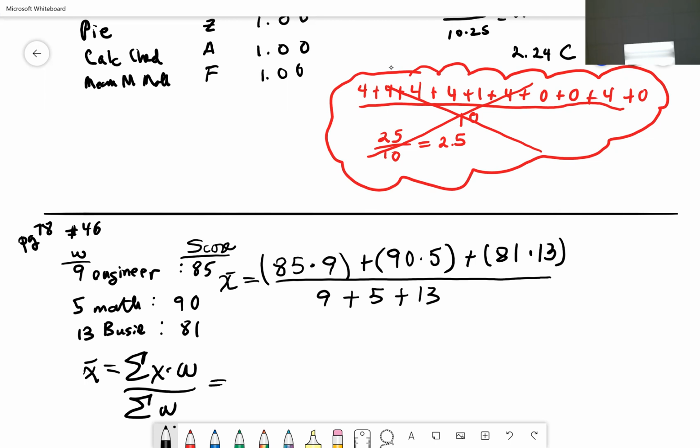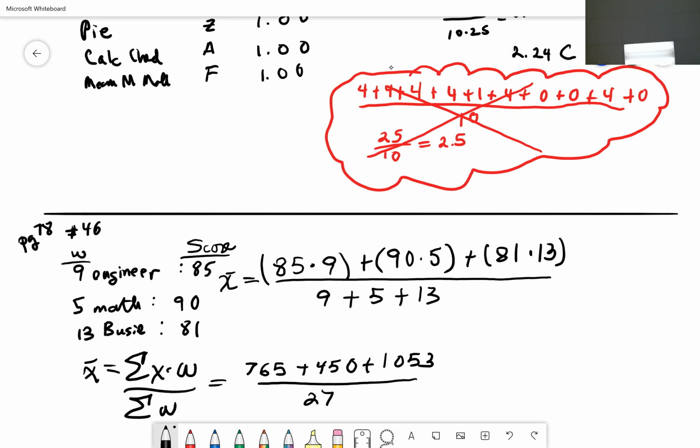So we have 85 times 9. That's 765. You got 90 times 5, which is 450. And we got 81 times 13, 1,053. 9 plus 5 plus 13, that's 27.